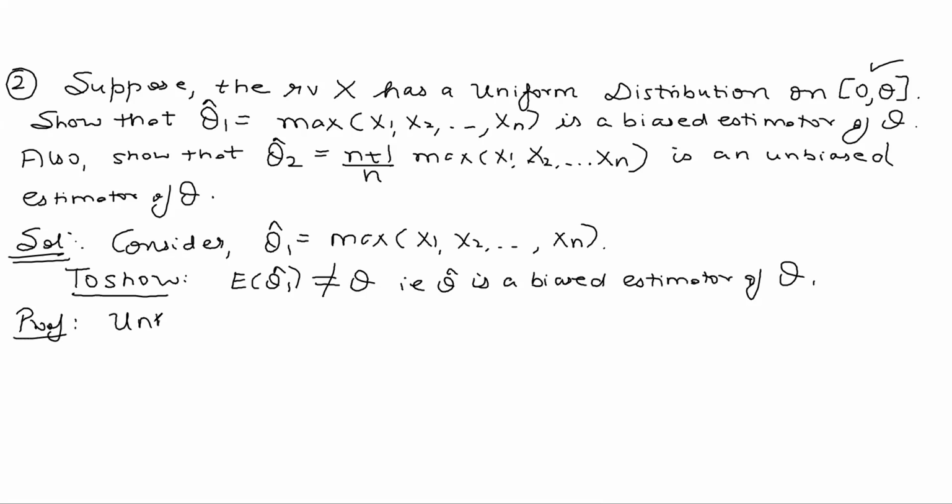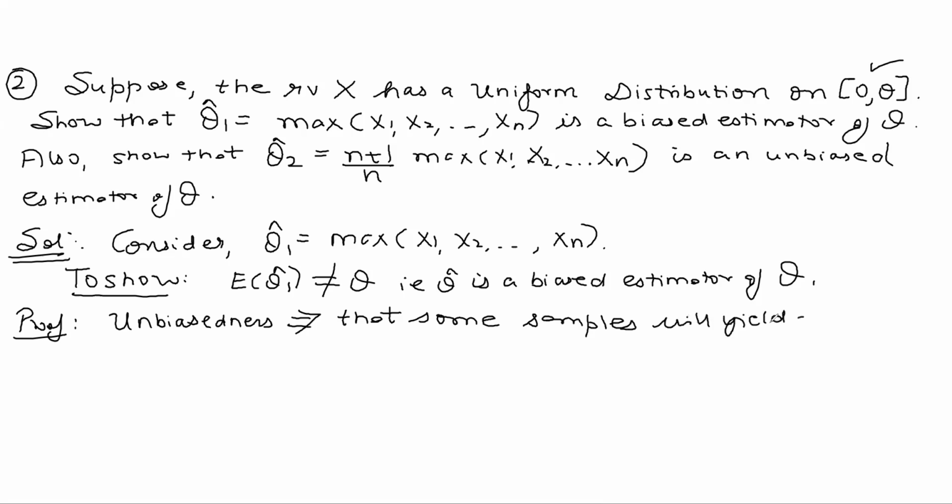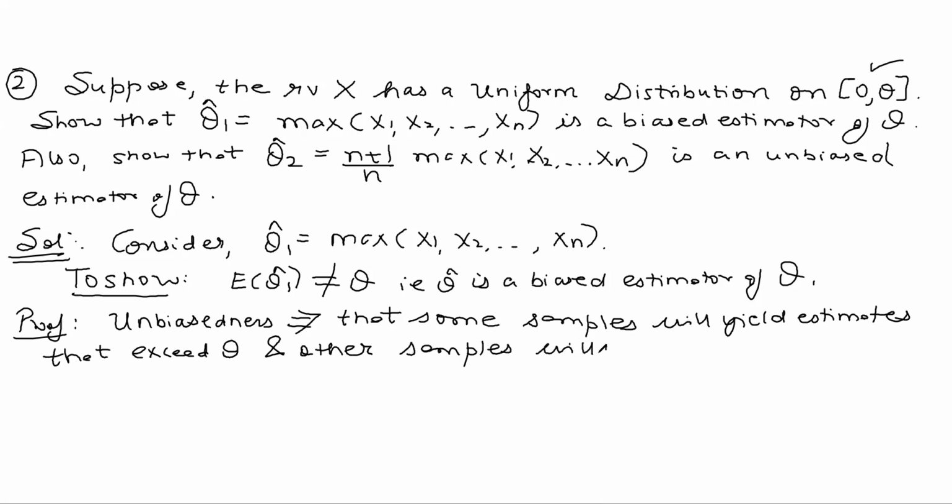Unbiasedness implies that some samples will yield estimates that exceed theta, and the other samples will yield estimates smaller than theta.